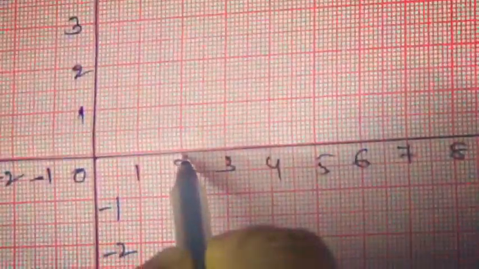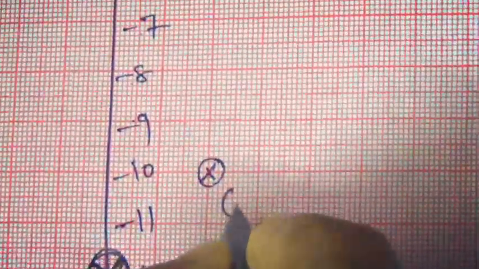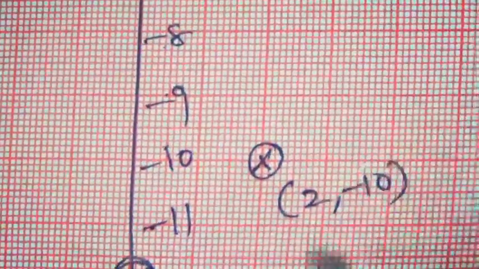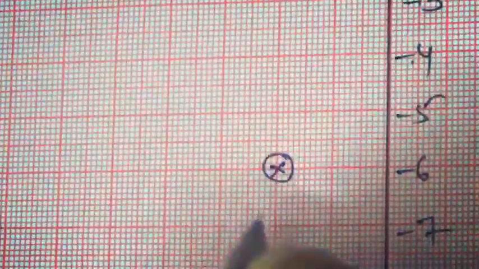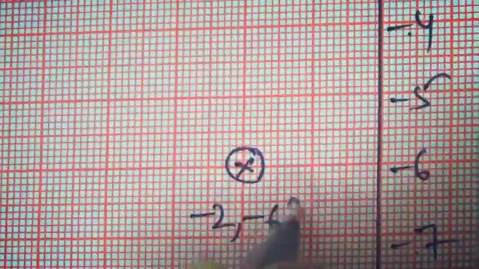Where is 2 on the x-axis? 2 on the x-axis is this one, minus 10 on the y-axis here. Okay, here 2 comma minus 10. And the next coordinate is minus 2 comma minus 6. Minus 2 on the x-axis and minus 6 on the y-axis. Here it is the point minus 2 comma minus 6.